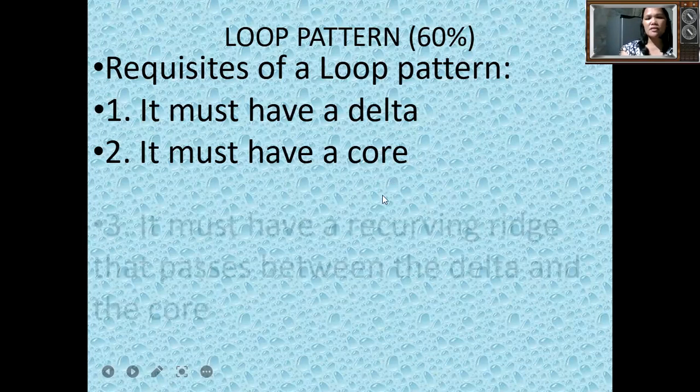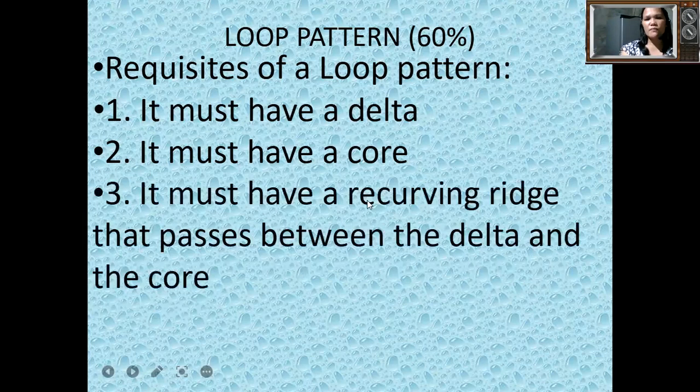So aside from that, one thing that we could observe from a loop pattern is the presence of recurving reeds, also known as looping reeds. If you try to recall the illustration of looping or recurving reeds, it looks like a paper clip, right? So this recurving reeds is present in the loop pattern.